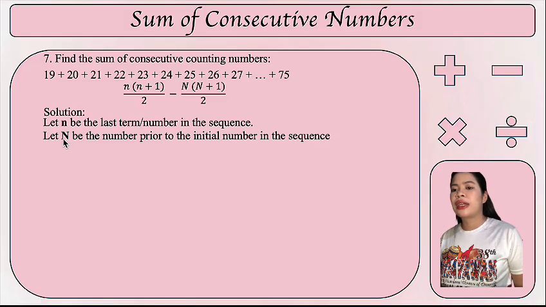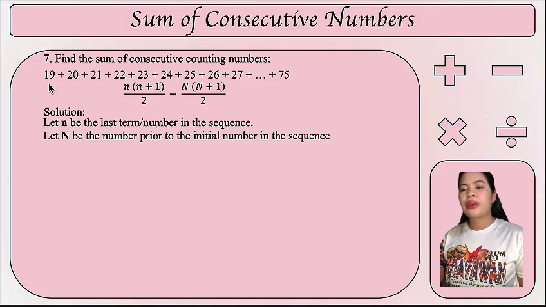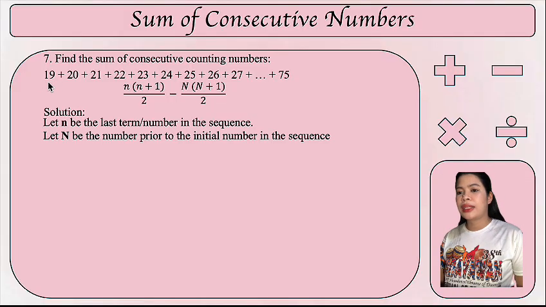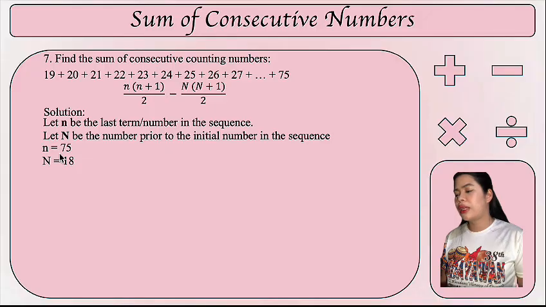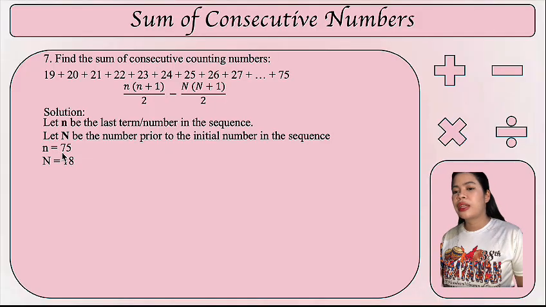So we will get the number prior to 19, which is 18. So now we can get small letter n equals 75 and big letter N equals 18.